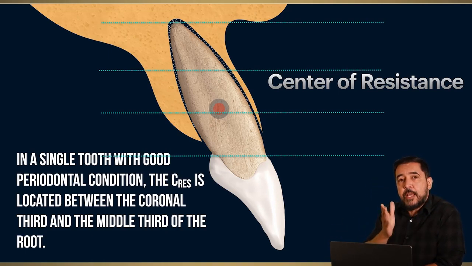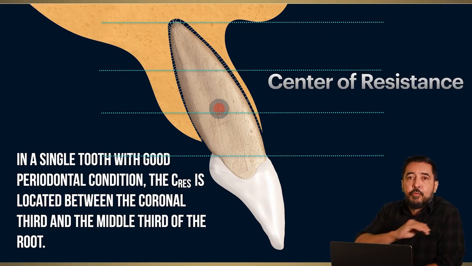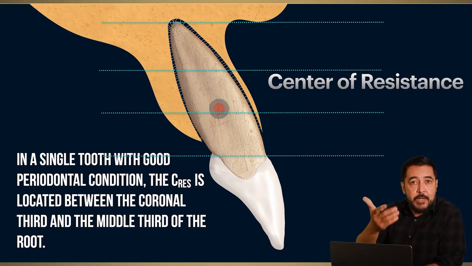We need to understand that we are not applying the force the same way for every tooth. We need to anticipate the movement, we need to plan for the movement we want.